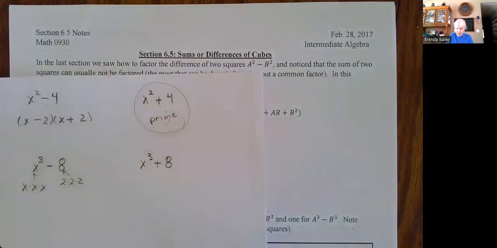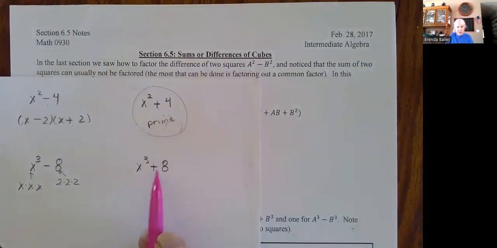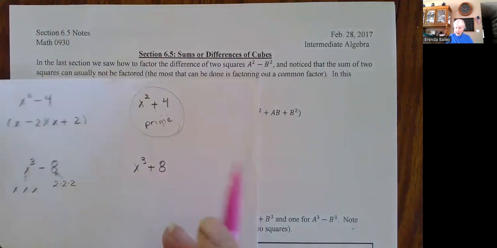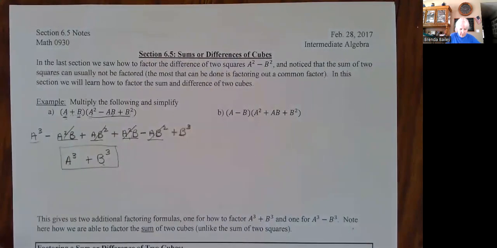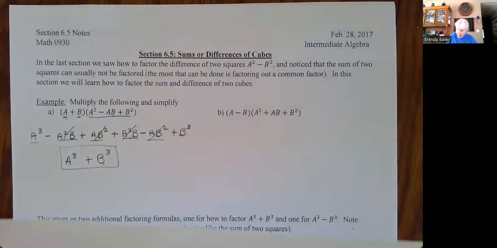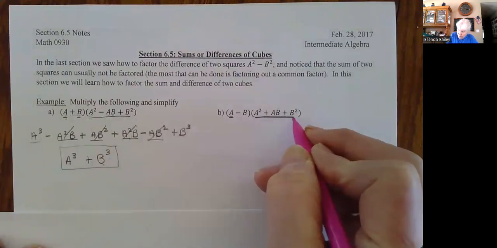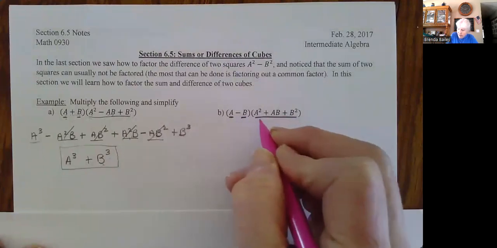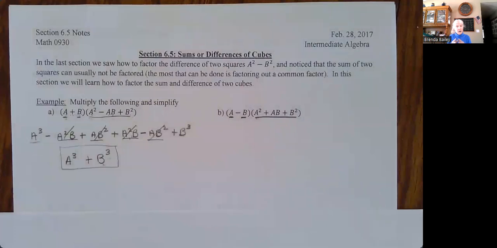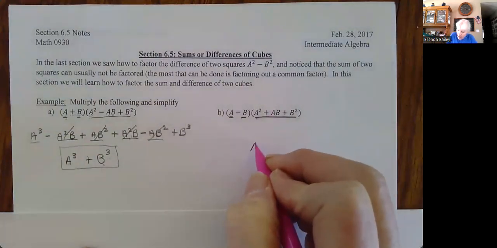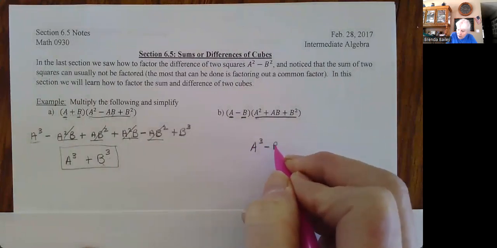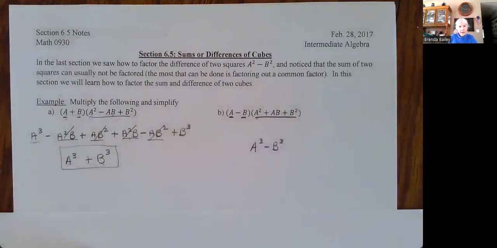going back to this one, the sum of two cubes, you could follow the formula, which is what we're going to practice. Likewise, if we were to multiply this, A times all of those, minus B times that, and then combine our like terms, we end up with A cubed minus B cubed when I do that.